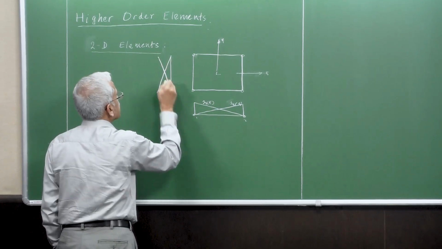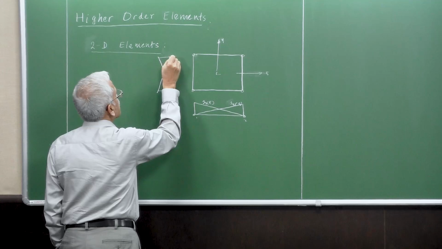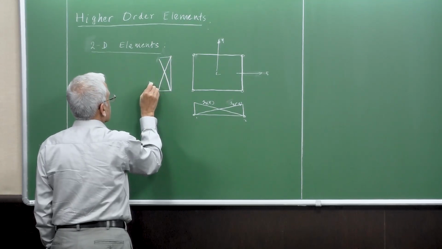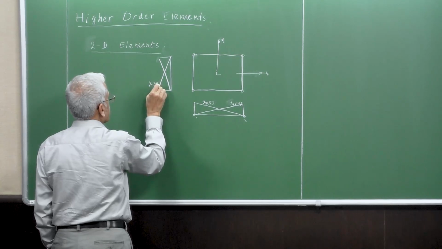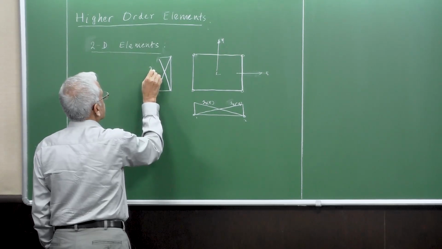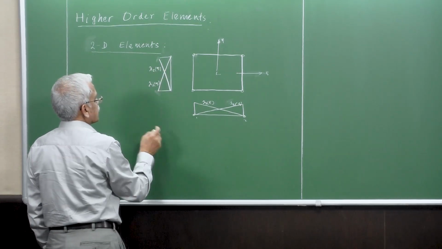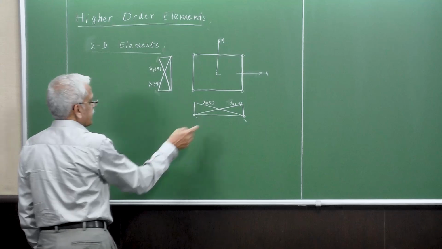So they look like this. This is lambda 1 in the eta direction, and this is lambda 2 in the eta direction. So this is linear and linear.